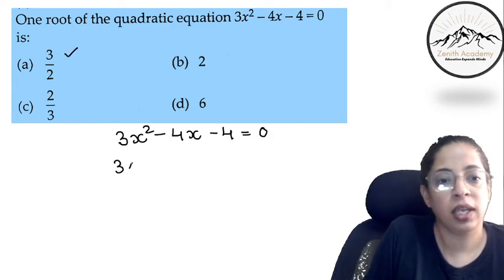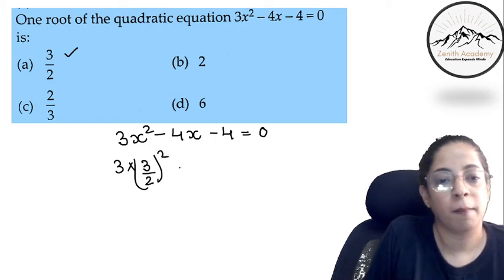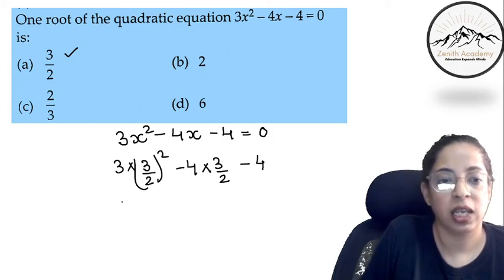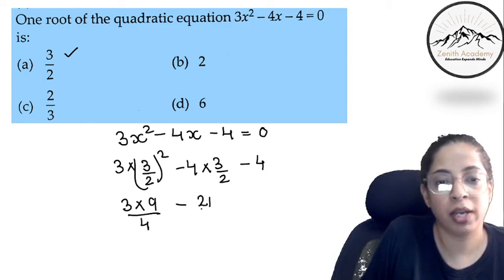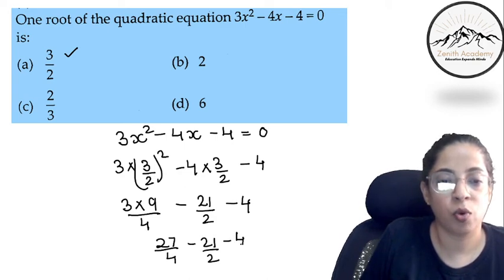So 3 into 3 by 2 ka square minus 4 into 3 by 2 minus 4. Let's see. So 3 into 9 by 4 minus 12 by 2 minus 4. Okay. So 9 3 is 27 by 4 minus 21 by 2 minus 4 by 1.